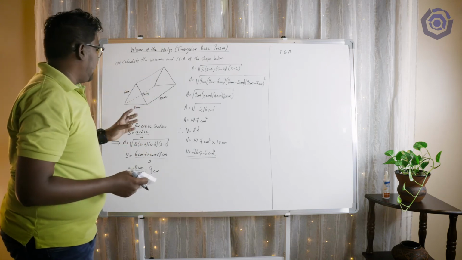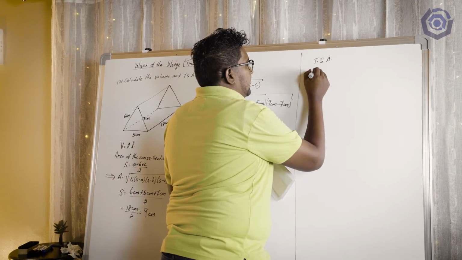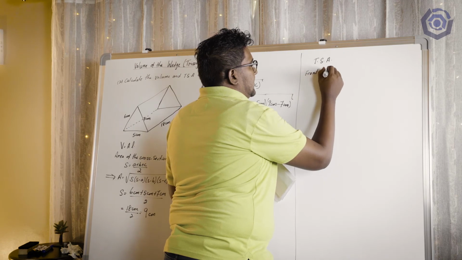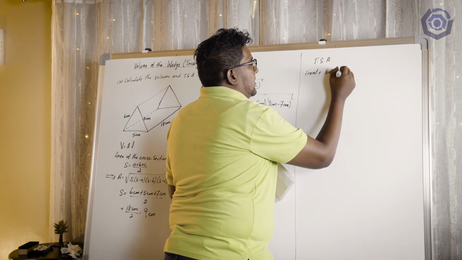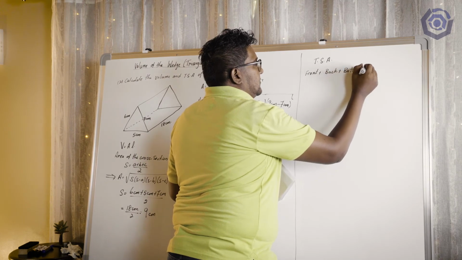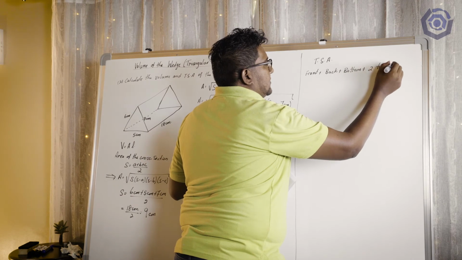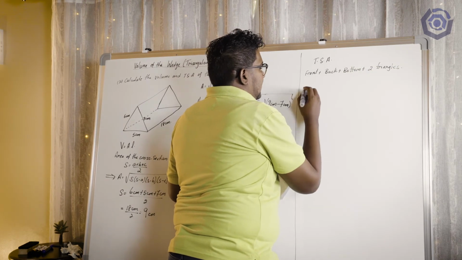So we have to go the regular way of using the area of the front plus the area of the back plus the area of the bottom plus the area of the 2 triangles. So let's start listing them.